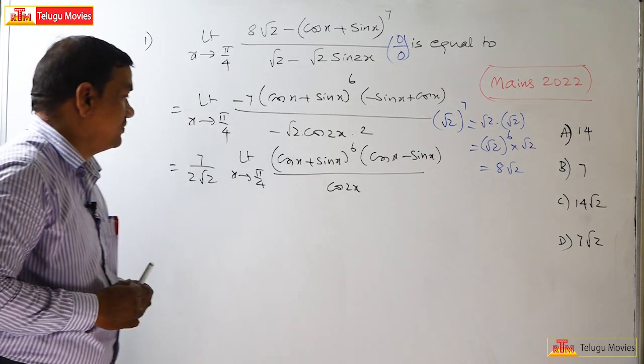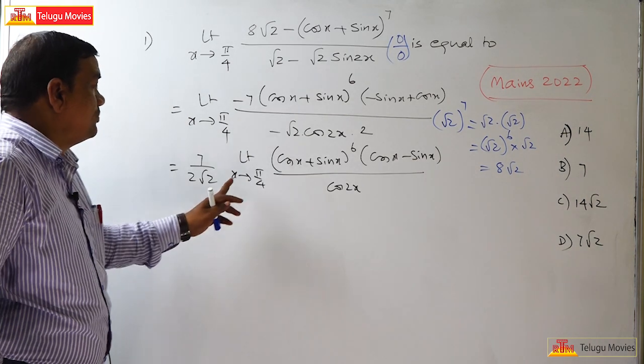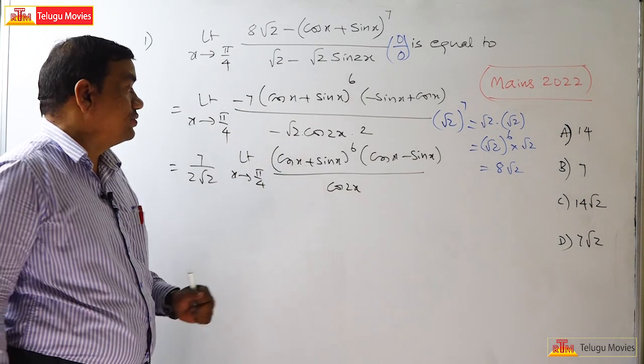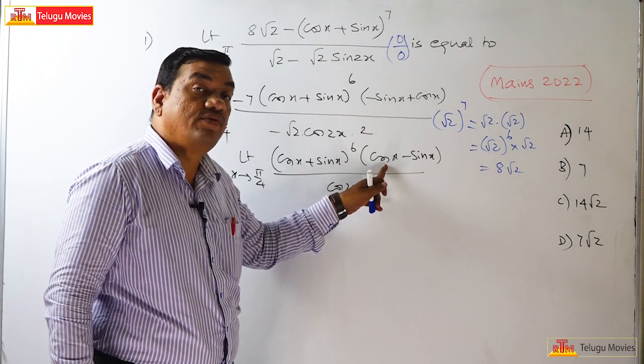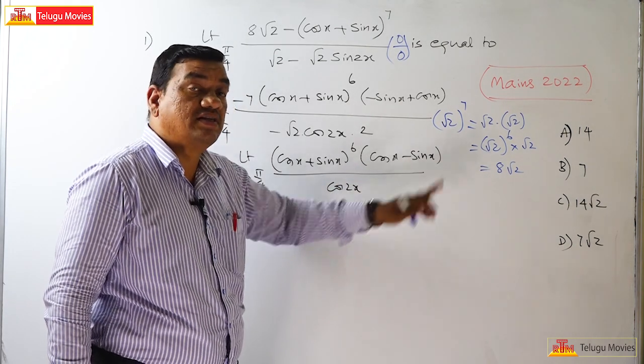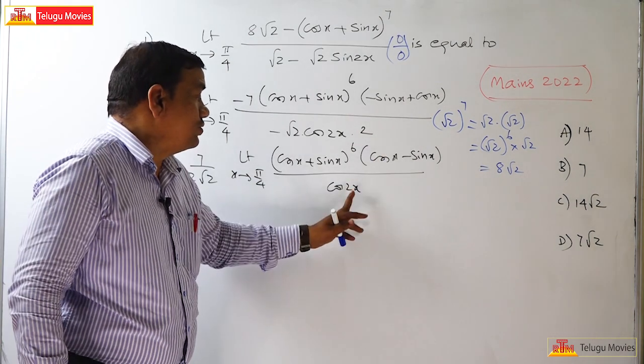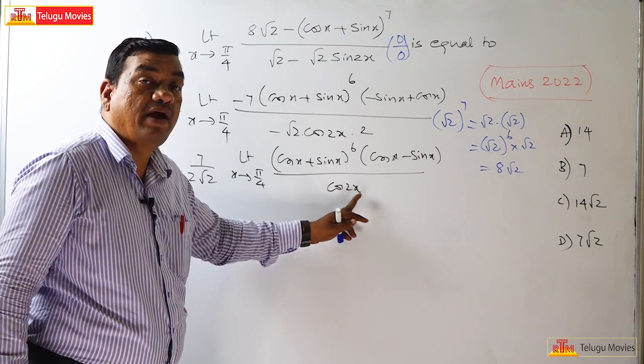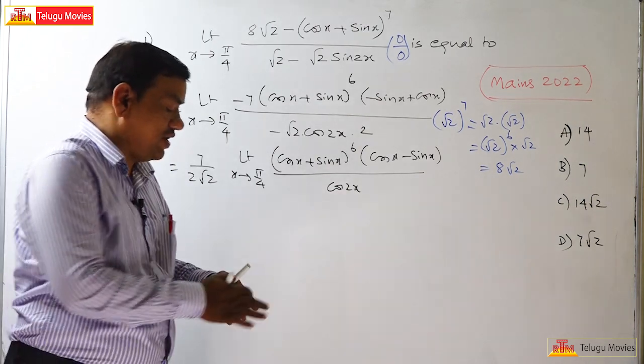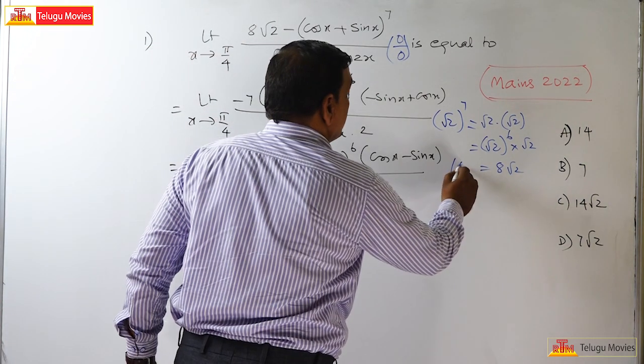Now again substitute x equals pi by 4: cos pi by 4 is 1 by root 2 minus 1 by root 2, 0. Here also pi by 4 becomes pi by 2, cos 90, 0. Again you are getting 0 by 0.